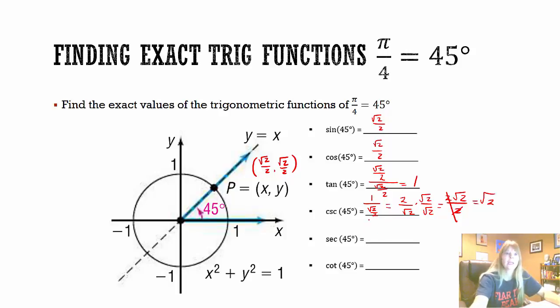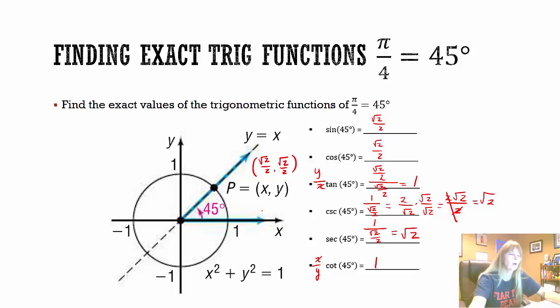The secant is 1 over x. Well, these are the same values. So secant and cosecant are the same. The cotangent is now what I said wrong with the tangent. So the tangent was y over x. The cotangent is x over y. Well, they're still the same value, so you simply get 1.